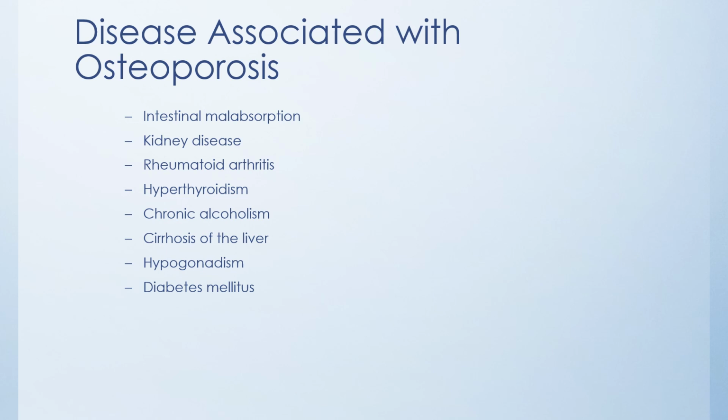Intestinal malabsorption, some kidney disease, RA, hyperthyroidism, chronic alcoholism, cirrhosis of the liver, diabetes, and hypogonadism. So that doesn't necessarily mean they're going to have osteoporosis, but if the patient is diagnosed with one of these diseases, we're going to be watching out for signs and symptoms of osteoporosis.